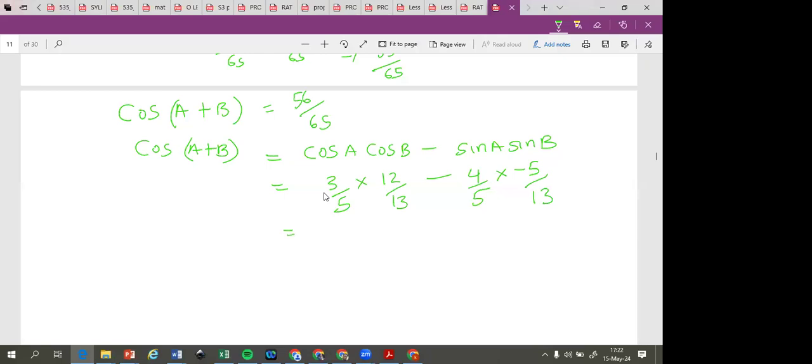So 3 times 12, you got 36 out of 65. And now, first leave this negative. 4 times negative 5, you get negative 20 out of 65. So here the LCM is 65. So here you have 36 minus, minus.